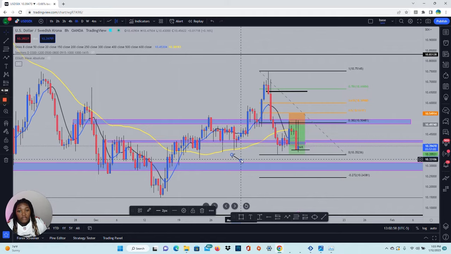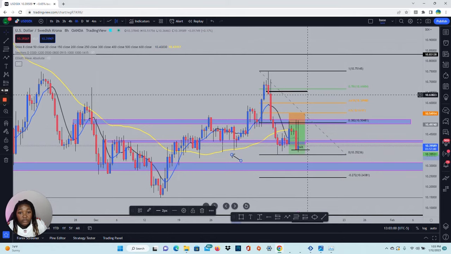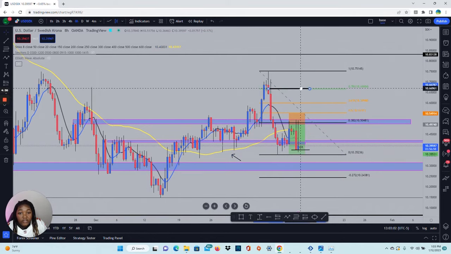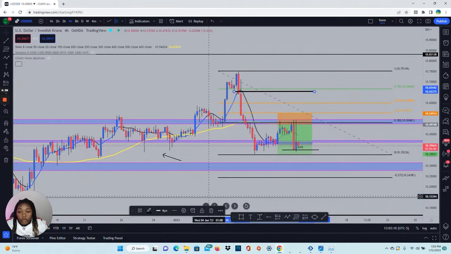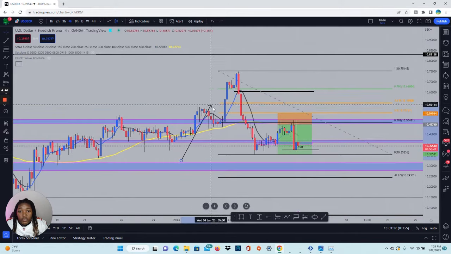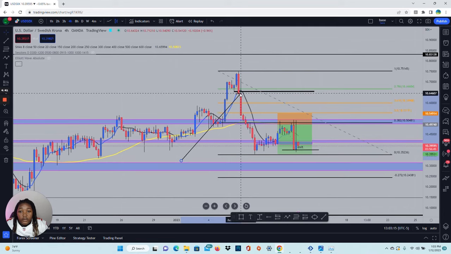I also knew that CPI was coming up. So that's why you see this right here. If I drop down to the 4 hour, we see that we have an M pattern here. And when you have an M pattern, after it flushes, it likes to come and retest the neckline of the M pattern.